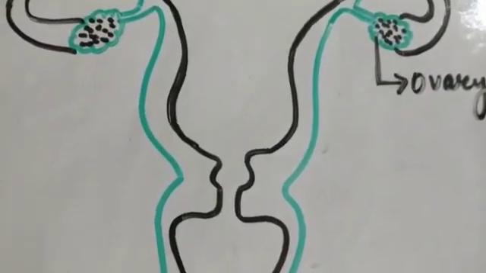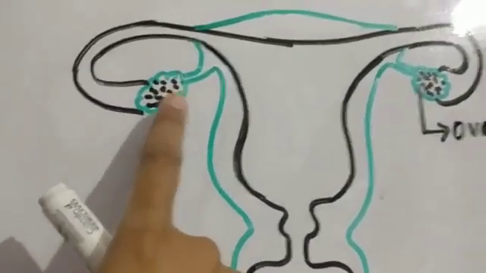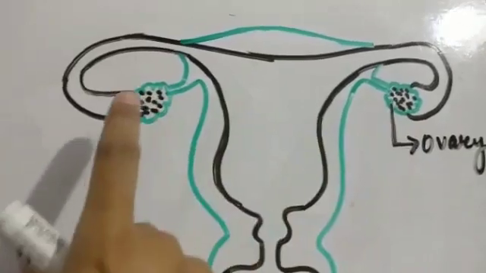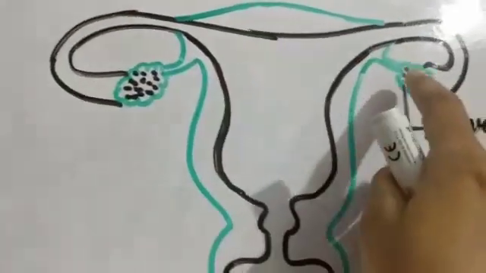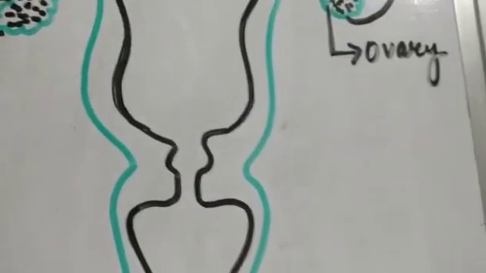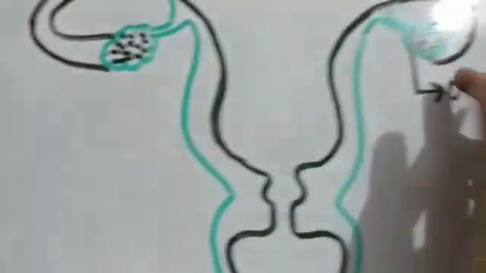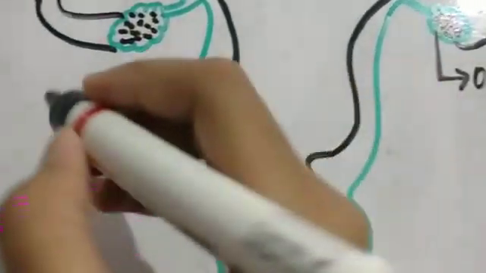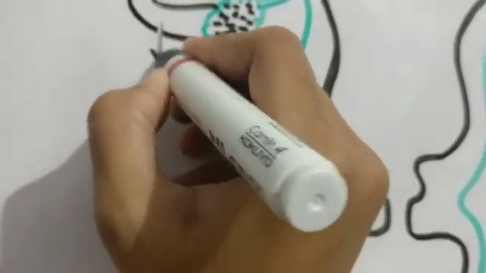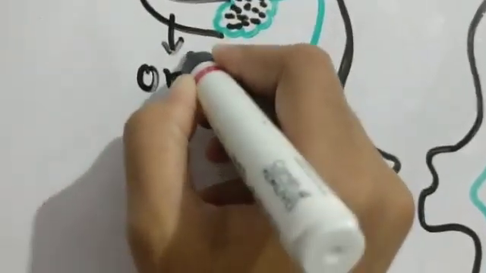started releasing. Now as you can see, on both sides the ovaries are connected with tube-like structures. Now what are these tube-like structures? As they are connected to the ovary, what can you call them? You can call it the oviduct.